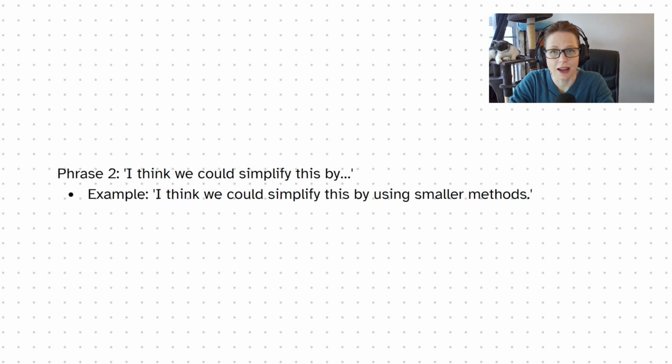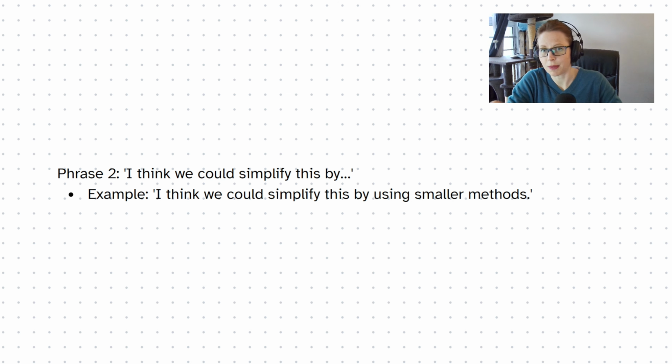Our second phrase, "I think we could simplify this by." Now, this is something that I experienced not too long ago. In one of my assignments, I overcomplicated the code. And I could tell that it was overcomplicated, but I couldn't quite identify how to simplify it.